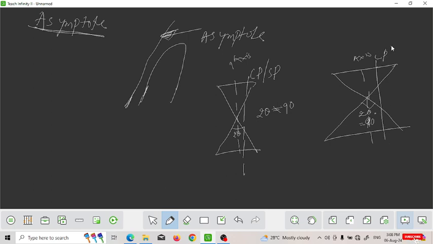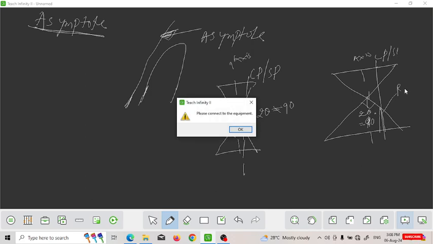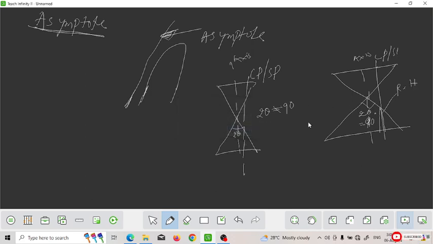This is the cutting plane or section plane which cuts, and the curve obtained by this section is called a rectangular hyperbola. Okay, and this is a normal hyperbola. Okay, this is a rectangular hyperbola when the apex angle is 90 degrees.